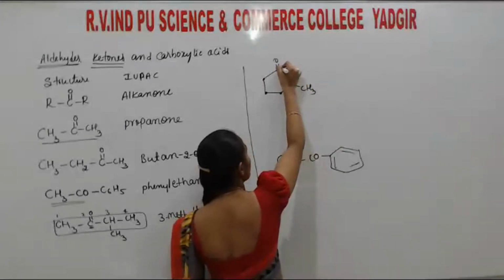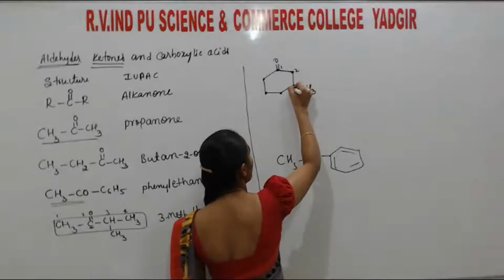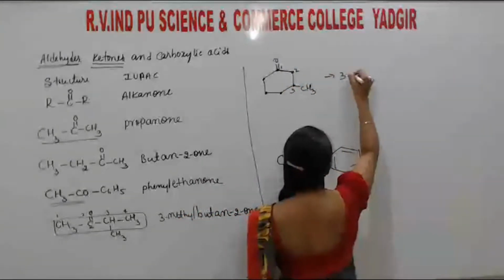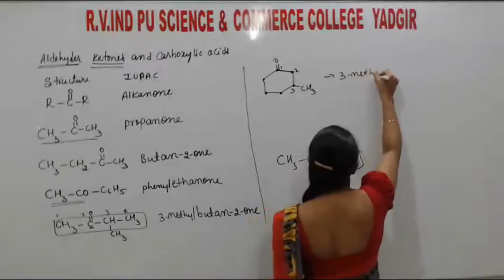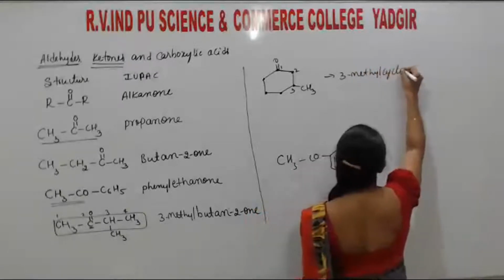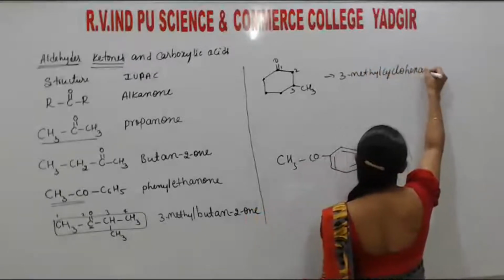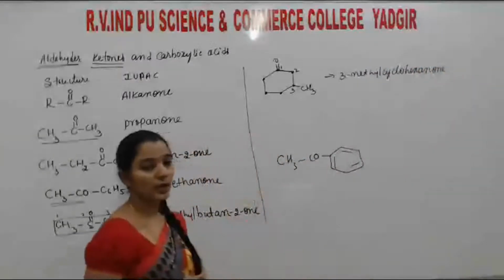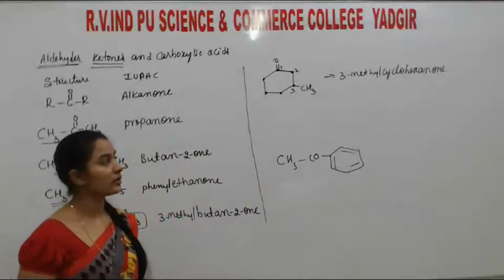So this is the first carbon atom, second carbon atom, third carbon atom. Then the name is 3-methyl cyclohexanone. 3-methyl cyclohexanone.